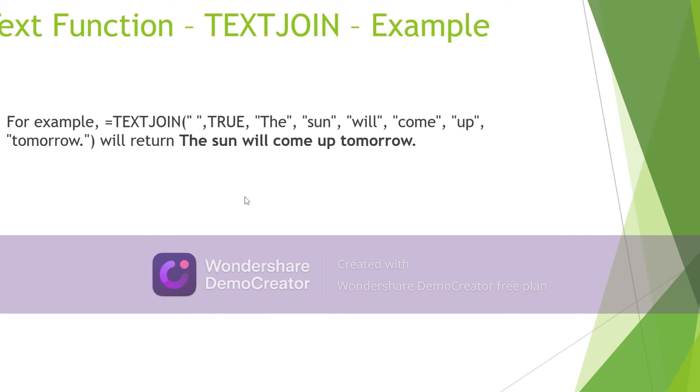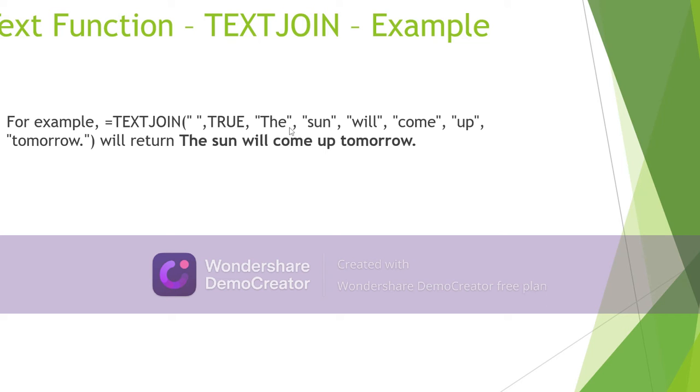Okay, for example, this is what the syntax will look like in action. You would hit equal TEXTJOIN, open paren, and then you have the quotation open, and then a comma. Now this is the delimiter. And then this is the ignore empty, whether it be true or false.